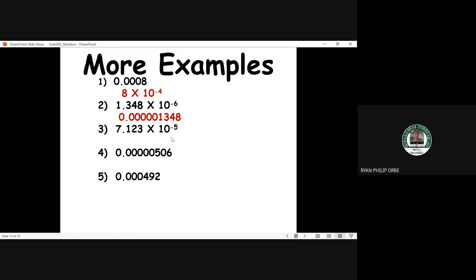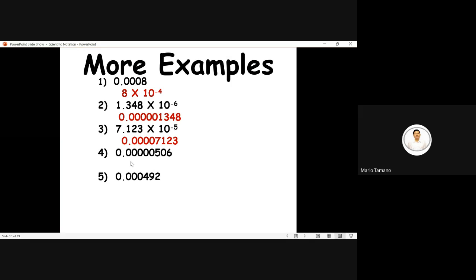Next, number 3. Remember, the exponent of 10 is negative. Still move the decimal point from right to left. 0.0000712. You will add 5 zeros before the 7. That is 0.0000712. That's it. Next, how about this?